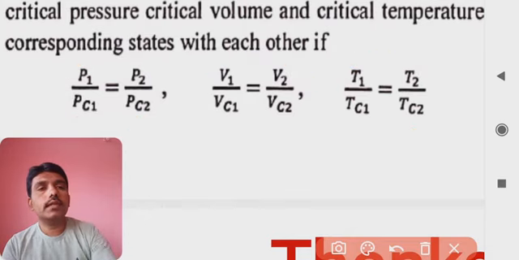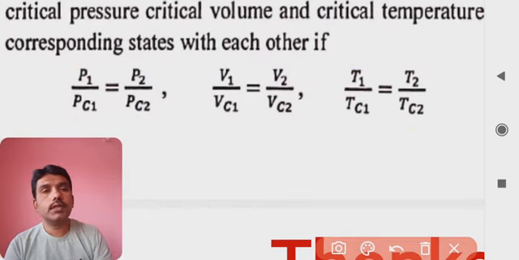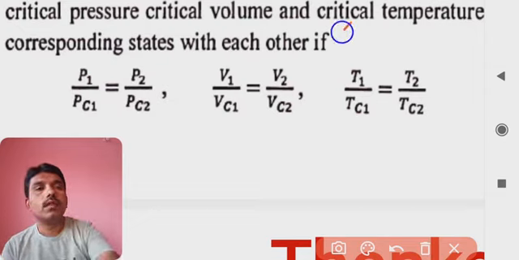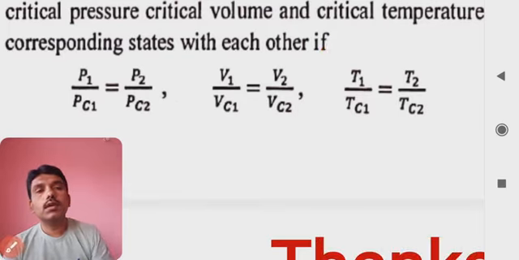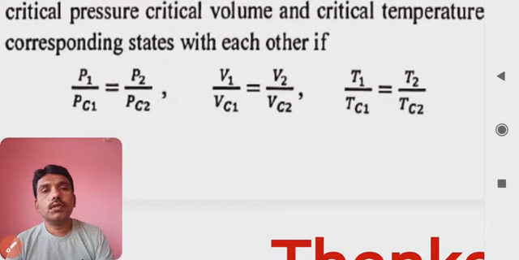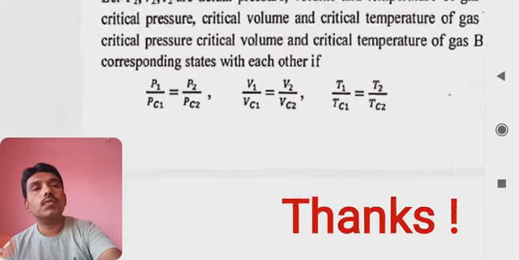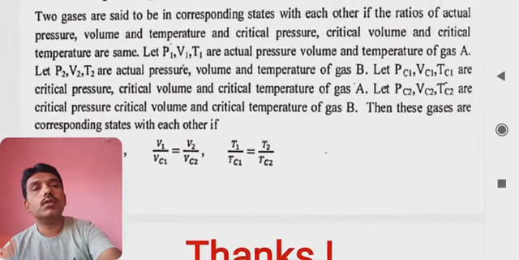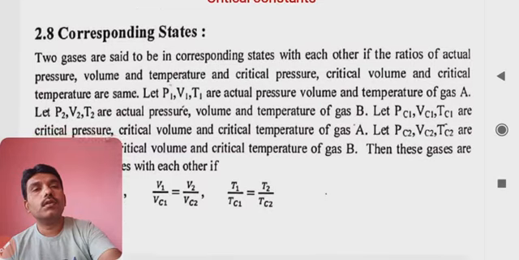In this case, we can say both gases are in corresponding states of each other. That is, when the ratios of their actual pressure, volume, temperature to critical pressure, critical volume, critical temperature are in this relationship, we can say these are two corresponding states of each other.